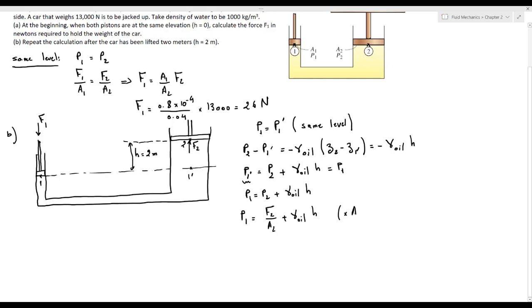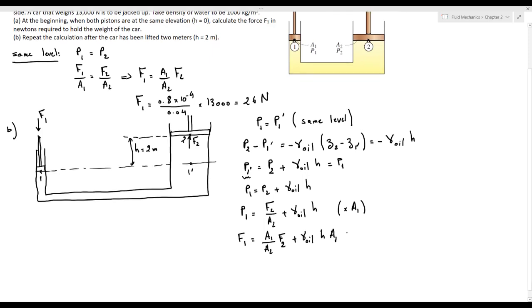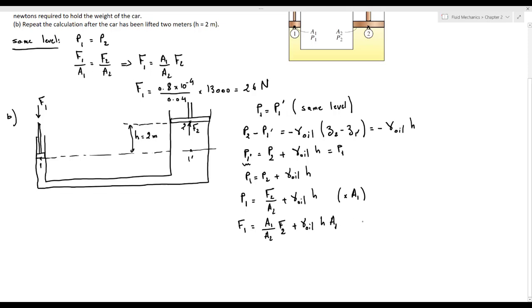and if we multiply both sides by A1, so P1 into A1 is just F1, equal to A1 over A2 F2 plus gamma oil into H into A1. To calculate gamma oil, we can use the specific gravity given for oil. So it is the specific gravity into gamma water.